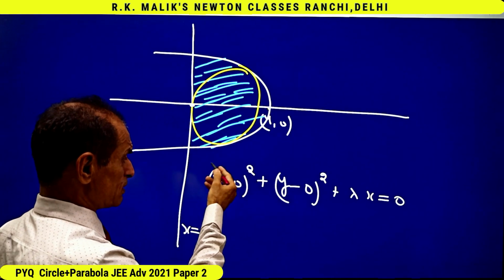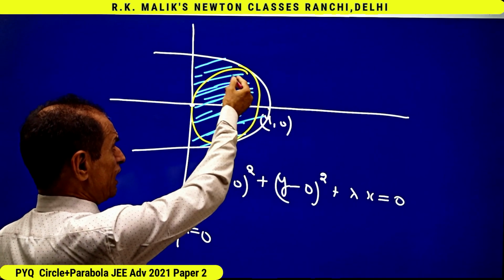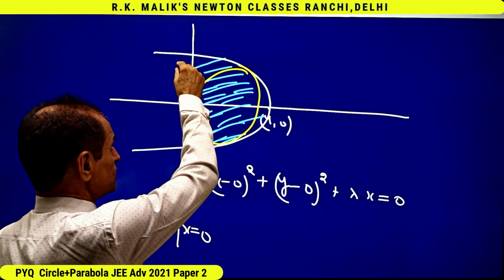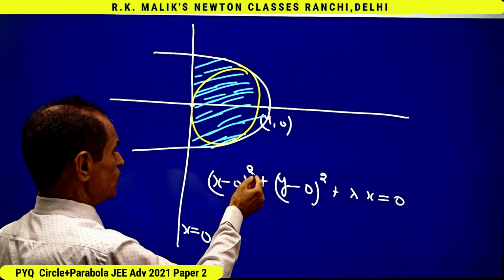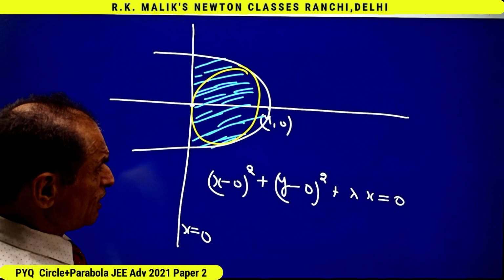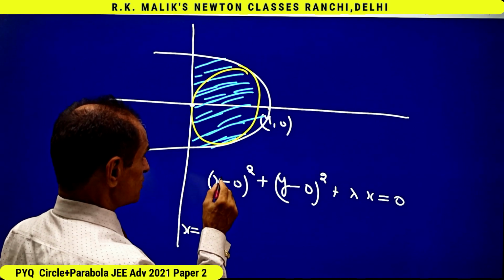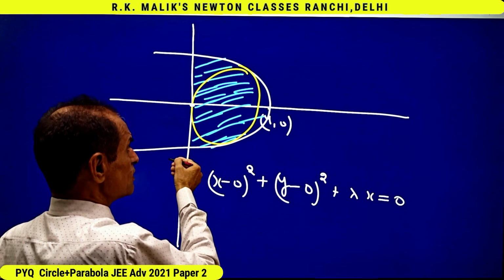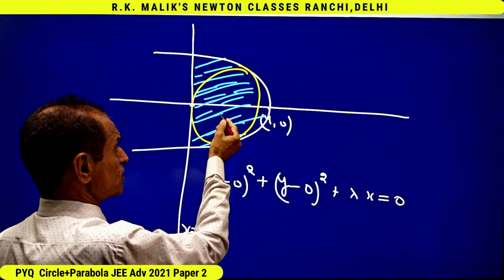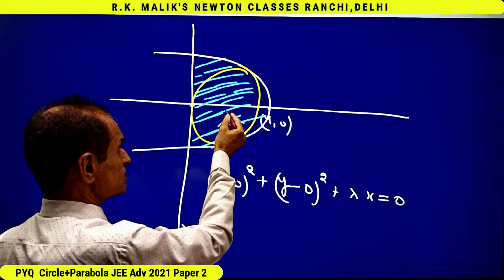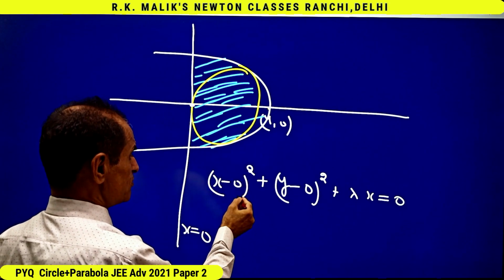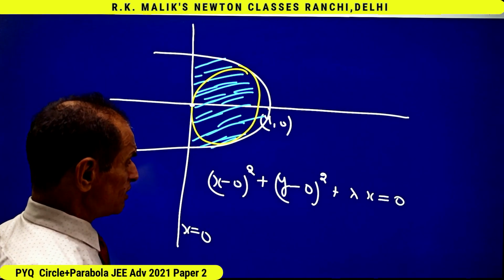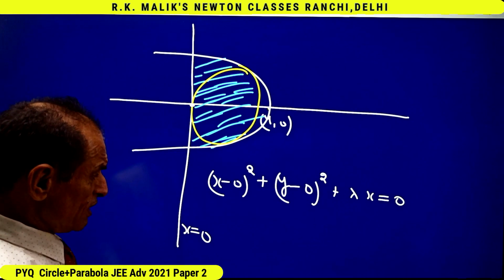Therefore, using that concept, the equation of any circle of the family touching the y-axis at origin will be of this form. And because I want the circle to lie inside the parabola, it means when the circle is of largest radius, at that time this circle and the parabola will touch each other.